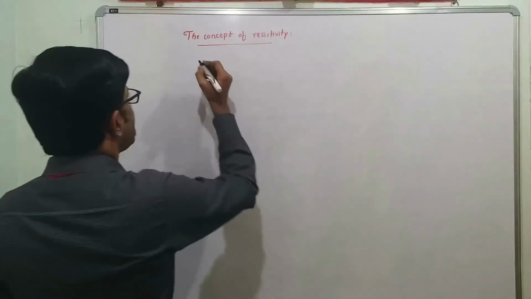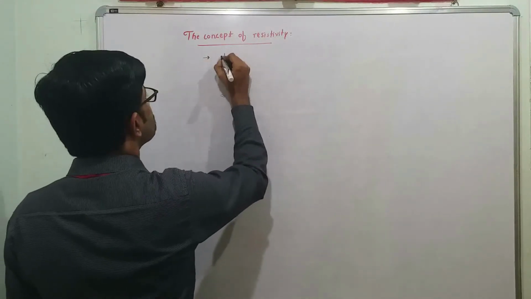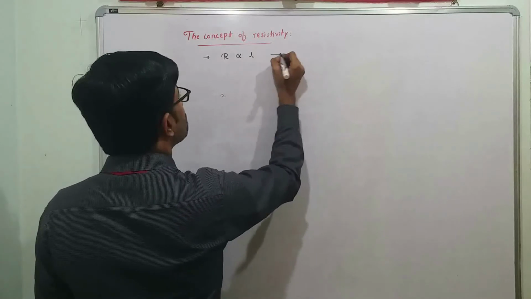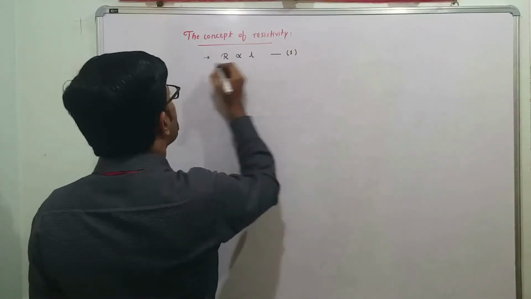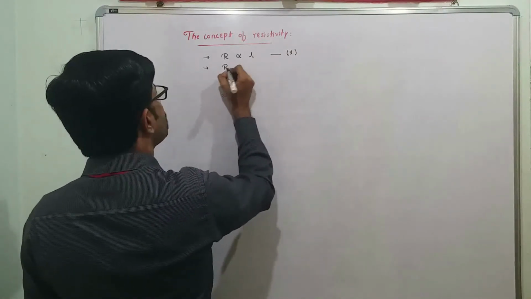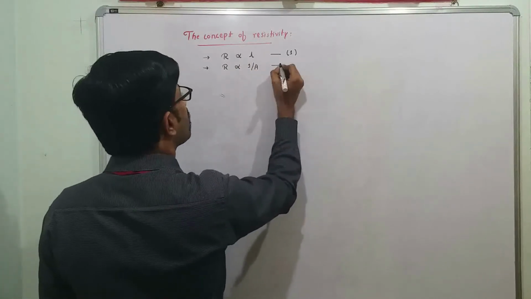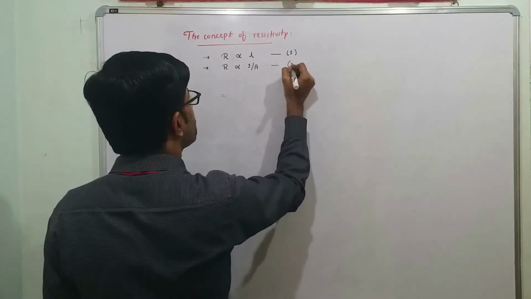As we already know, the resistance of the conductor is directly proportional to length, call this equation number 1, and resistance of the conductor is inversely proportional to the area of cross section, call this equation number 2.